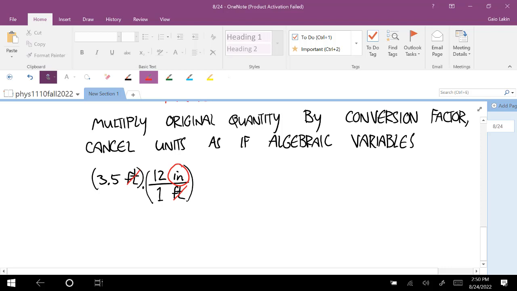So now we multiply and divide out all the numbers, and the units we have left are inches, and we get 3.5 times 12, or 42 inches. So that's the answer for how many inches there are in 3.5 feet. Any questions about that?